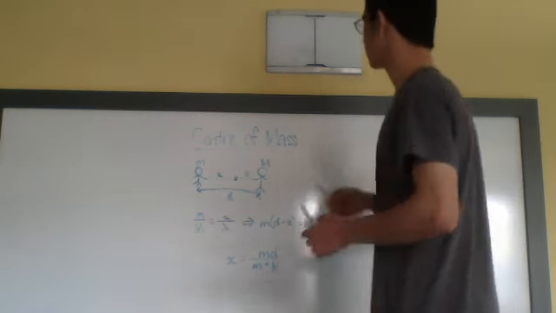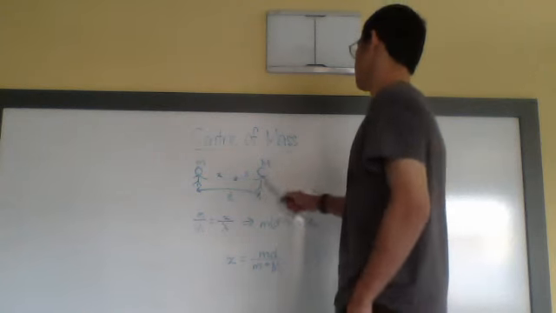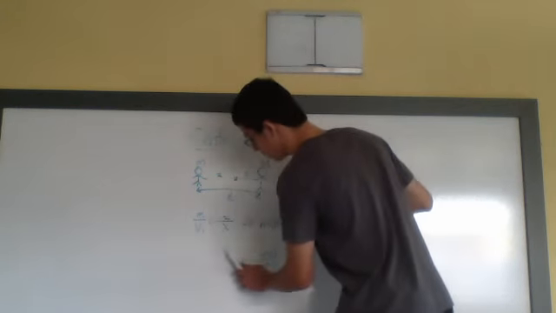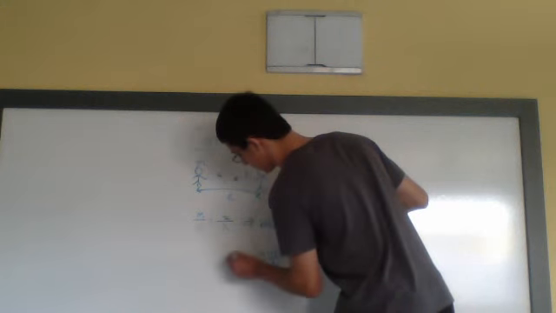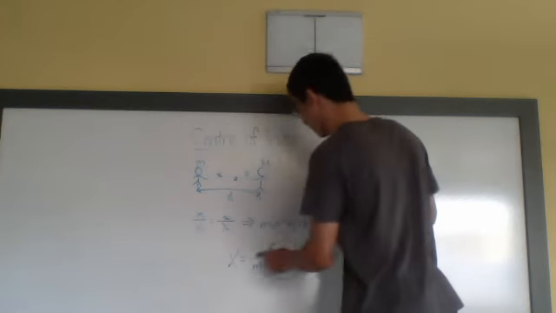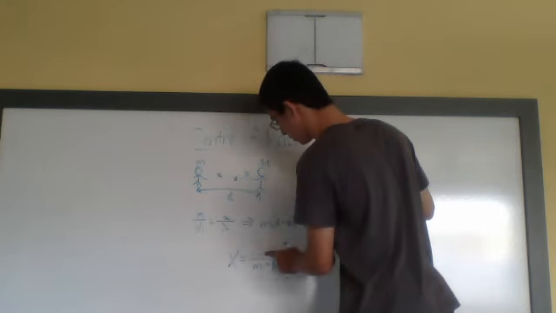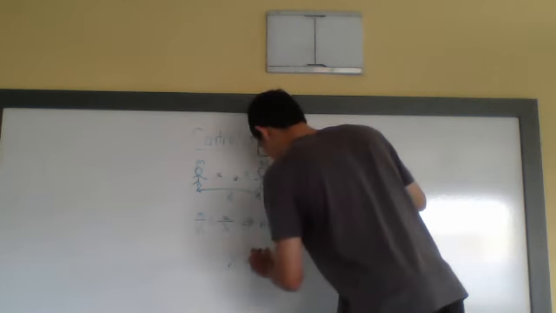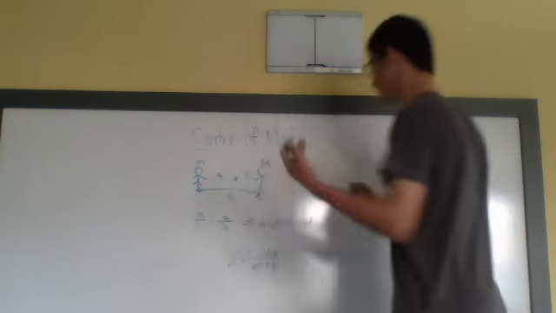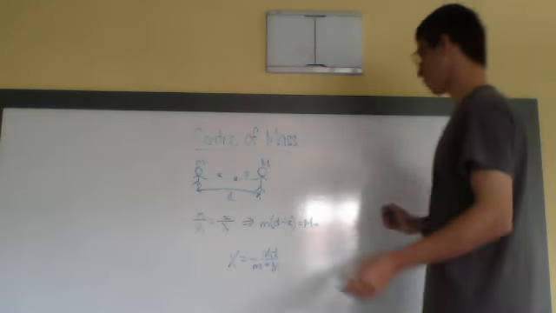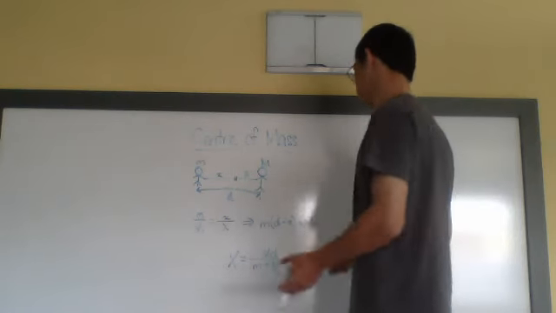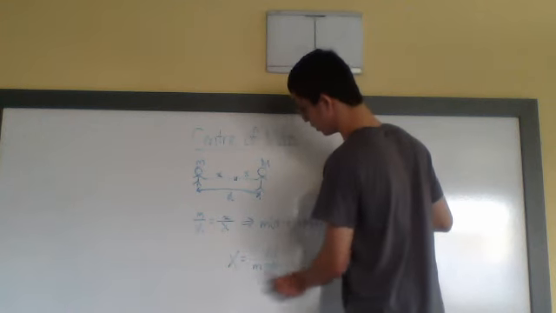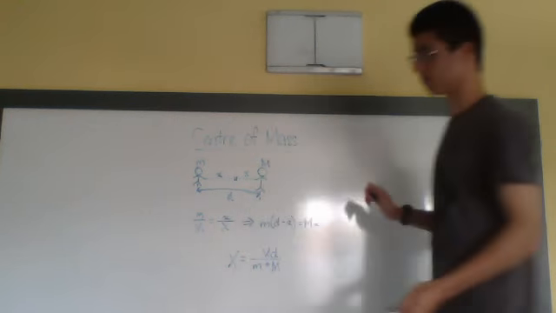In the case of trying to find the distance between the center of mass and the larger mass, you really only have to change small x to big X and change the numerator of the equation, small m, to big M times d. So if we wanted to convert, it would just be big X equals big M times d over small m plus big M. No big deal.